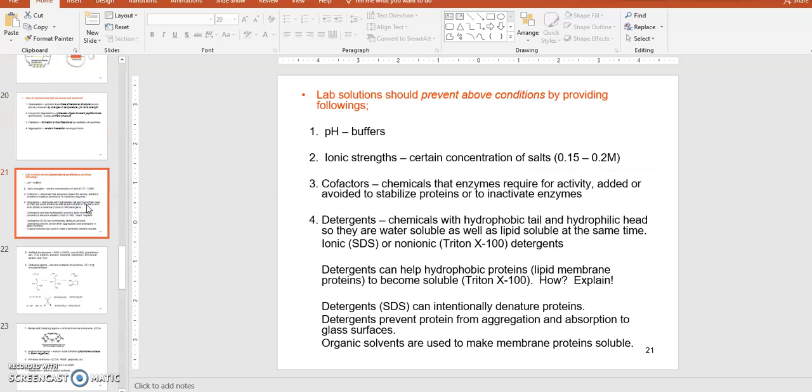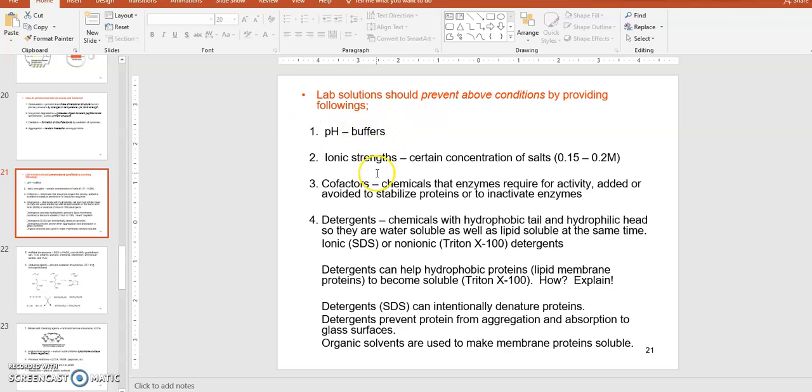Okay. And the question is, how do you protect your protein or other API molecules from losing their structure and function? By providing the lab solution that has these features. Your lab solution should have buffer salt, which will resist the pH change. So that's why you need to have buffer in the biological solution.